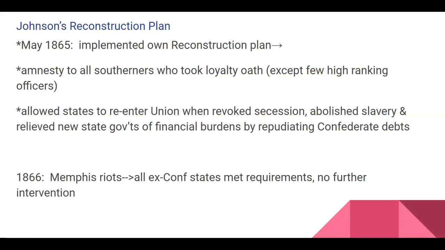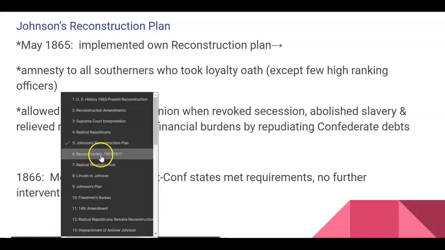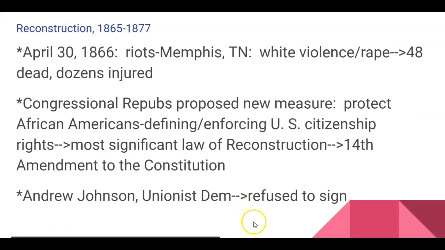But they finally met, all the Confederate states finally met the requirements, and they didn't have to have any more intervention as far as that goes. You had white violence. They raped 48 women, dozens were injured. This was whites on blacks, not the reverse.